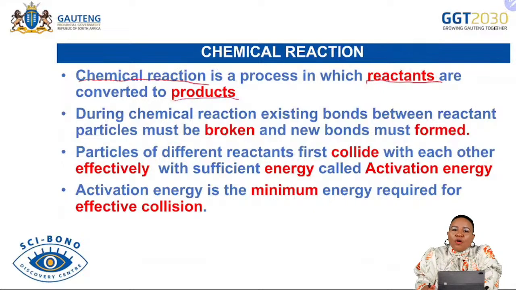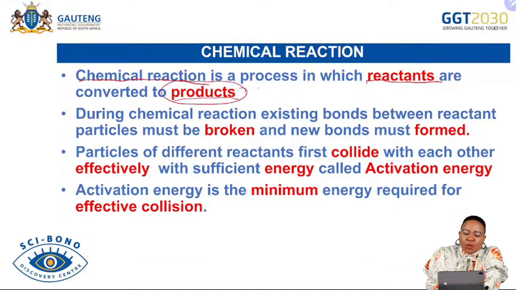We know that initially when you start a reaction, you are going to have the reactants. And as the reactants are reacting or bonding with each other, we are going to form products. So initially we know that we don't have any product. Our product is 0. However, as the reaction occurs, we will start to have products of that specific reaction.